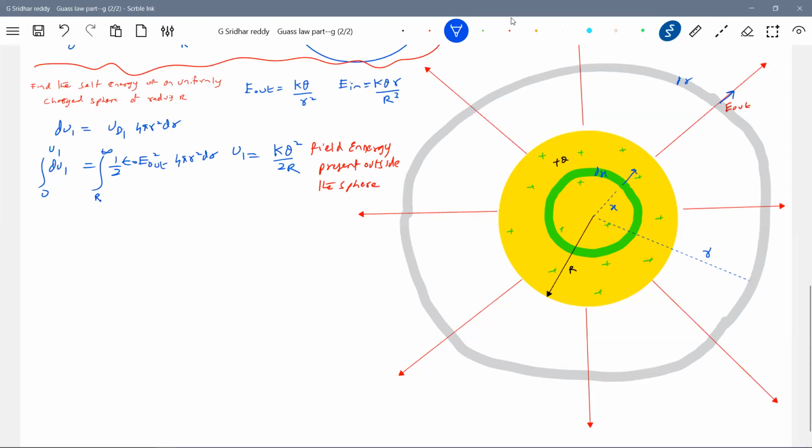The field here, let it be E in. How much energy is present in this one? So dU2 is equal to energy density at that point into 4 pi x square dx. Now look carefully at things. So I think this we have to derive, there is no other way. Half epsilon naught E in square 4 pi x square dx.